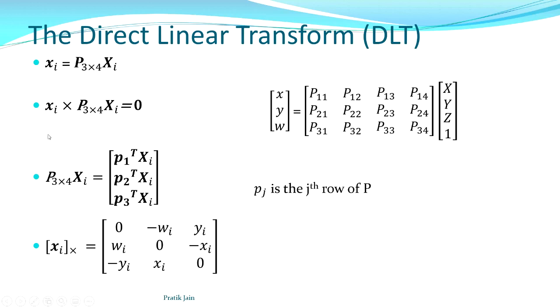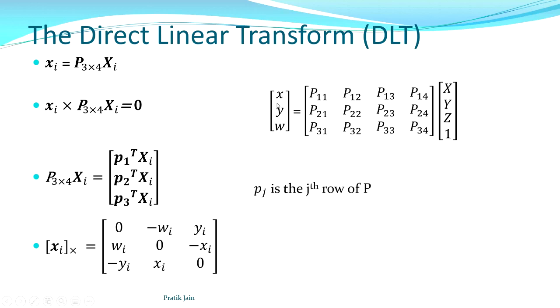Now you can see there is this cross product, so we can use the cross product notation, changing it to a skew symmetric matrix, as we have seen throughout our series. The cross product matrix for this xi will be just like this.